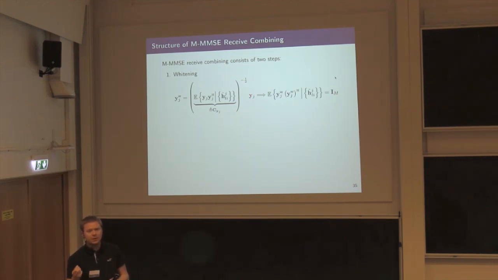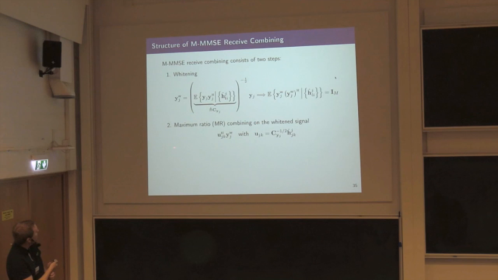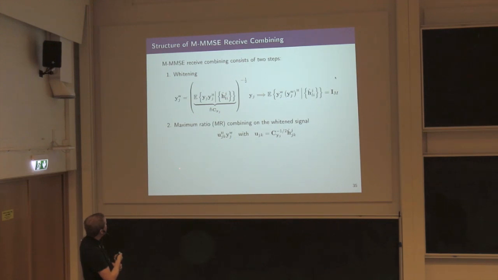The received signal will now have an identity matrix as correlation matrix. So if you take the whitened signal in the product and you do the math, you will see that this becomes an identity matrix. And the reason that I write this up here is that is actually what we are doing in the MMSE receiver.